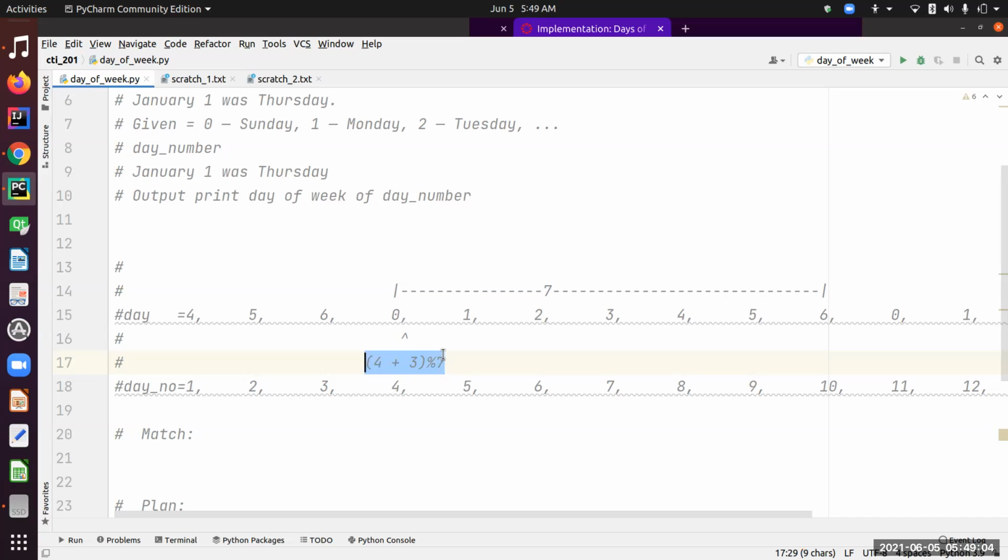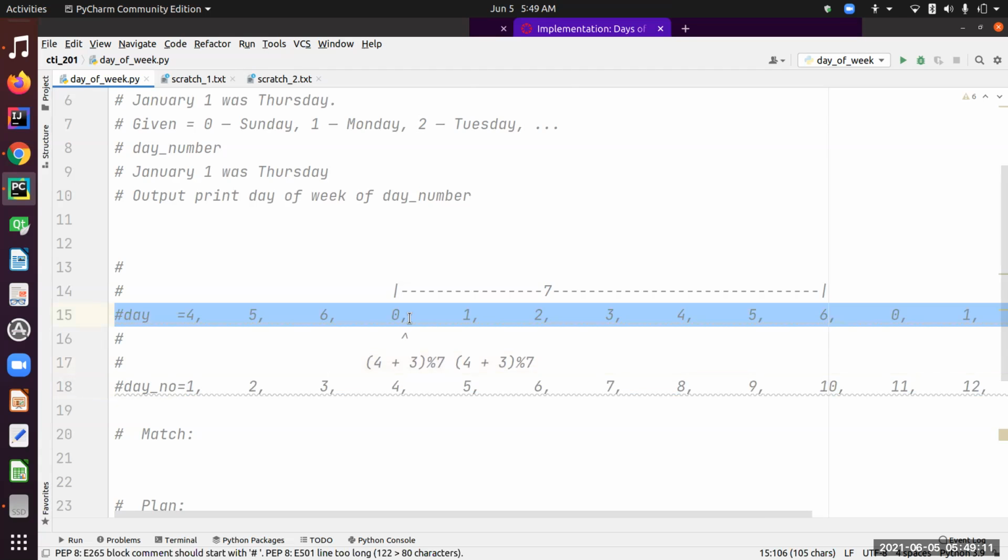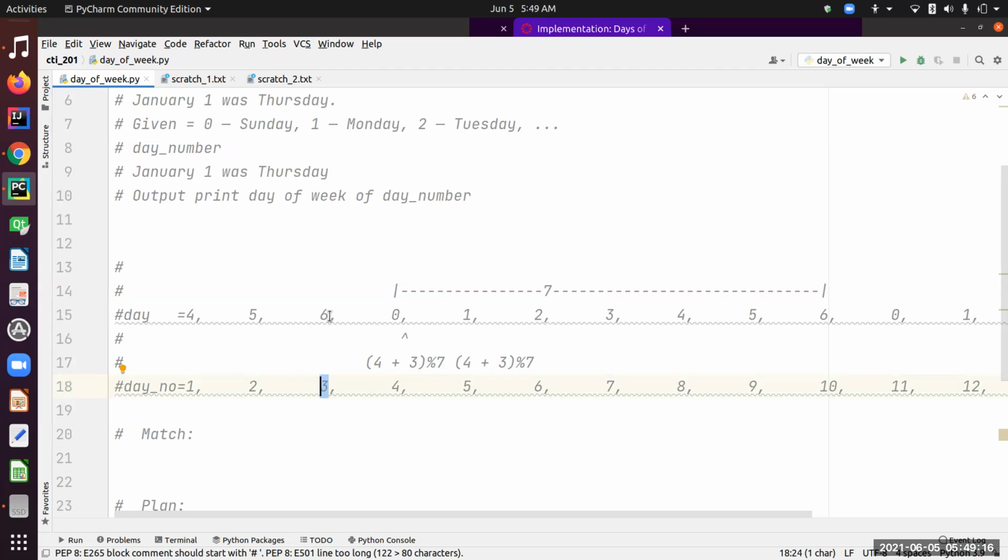Now let's see if we can carry it forward, because we need to find a common relationship between this and this. Basically, given this, we need to come up with this. So we need to first find the mapping. Can we move this same pattern to this? I have this number 5, 5 plus 3, and mod 7 is 1. So that also seems to work.